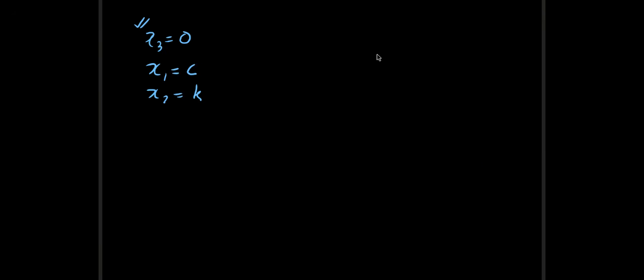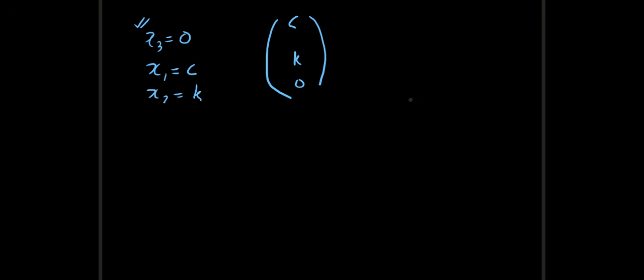So we got x3 equal to 0, x1 equal to c, and x2 is equal to k. So the vector will be in the form c, k, and 0.